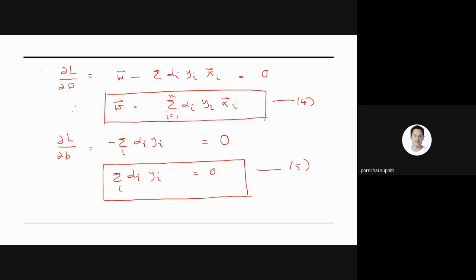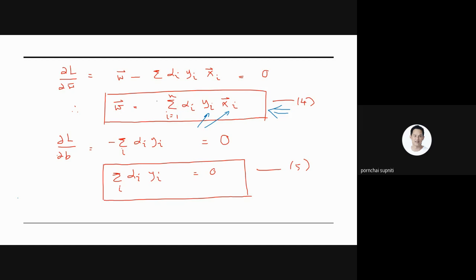Okay, let's continue from the previous derivation. Before the break, we have this type of expression: from the optimization, you will get this type of result, that the weights can be found from the targets, the support vectors, and also this parameter called alpha.